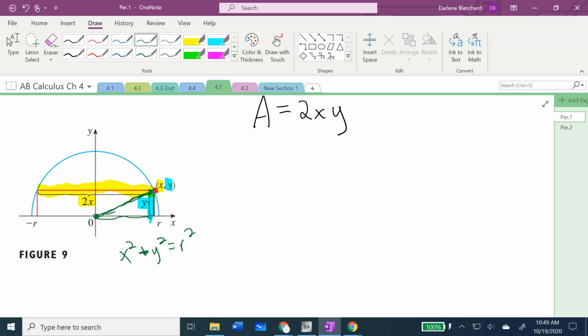Now, unfortunately, I'm going to have to go into square root land and solve for y. And I'm only going to need the positive square root because y is a positive quantity, based on how this is made. And I've got to deal with r as an unknown constant.